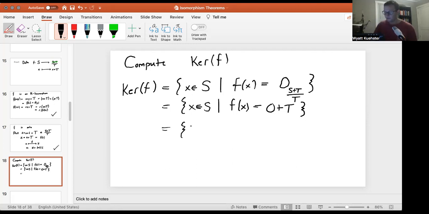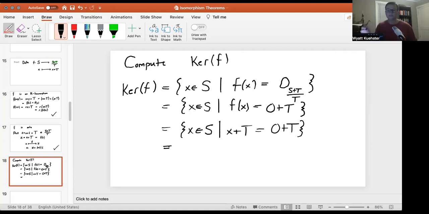Okay, and let me just expand this some more. These are the x in S, such that F of x is x plus T. It's that coset. I need x plus T to equal 0 plus T. And those two cosets are the same if and only if x is in T, right?